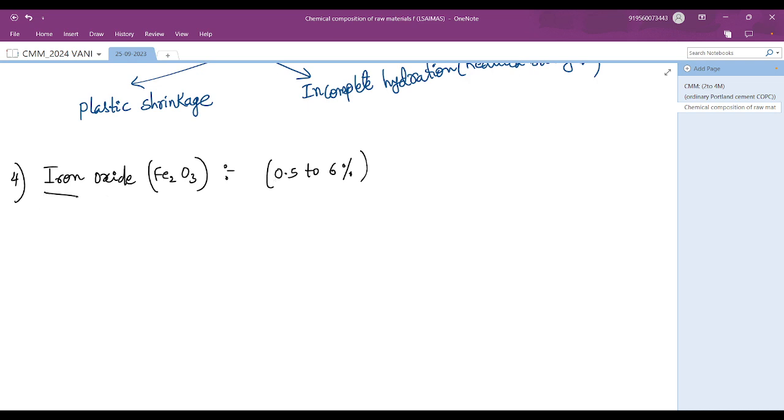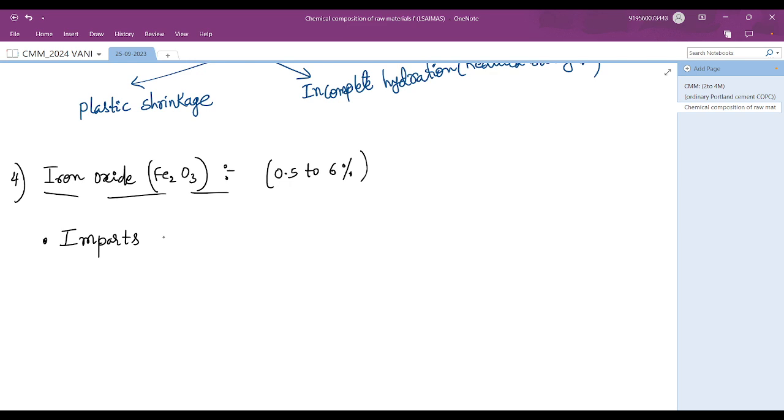So the function of iron oxide is to impart color. Color of the cement is due to iron oxide, and as well as it induces strength indirectly to the cement. So what is the function of this iron oxide? Imparts color. So color of the cement is due to iron oxide.